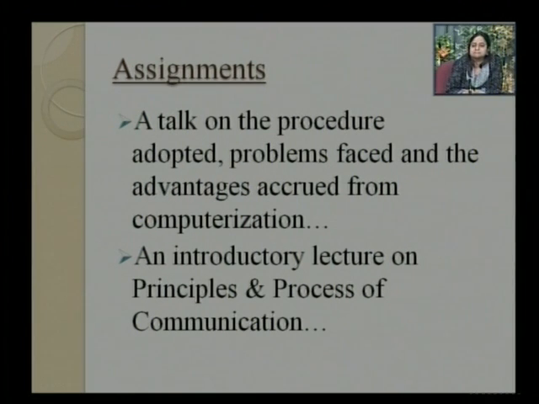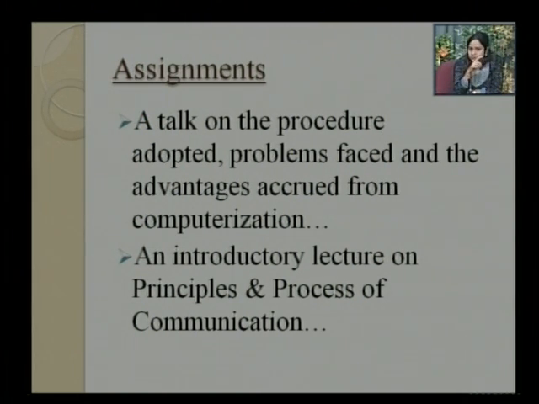Supposing, take it for granted for a while, that you are a finance minister of a public limited company, and the entire system in your organization is recently computerized, and you are asked to prepare a presentation on the procedure adopted for computerizing the entire system, the problems you've come across, and the advantages accrued from the computerization process.